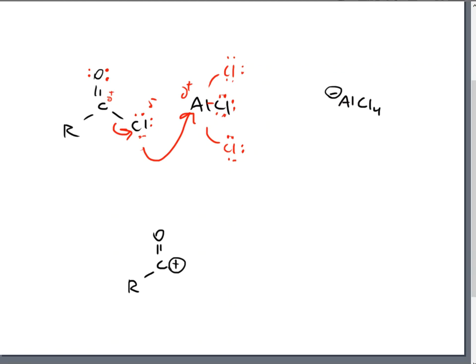Well, here's why. When this group gets added on to a benzene ring, so get rid of that positive, that now has a bond, and that bond is going to be to a benzene. So there we go.